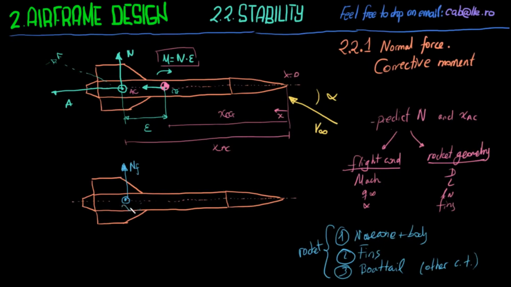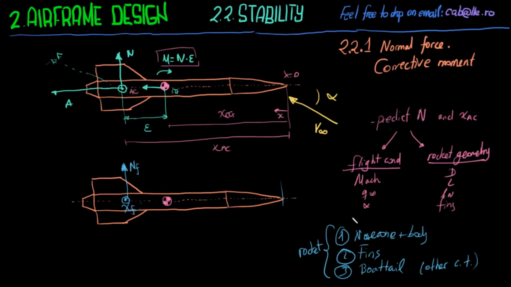You can see now, this is XF, which is the position of the aerodynamic center of the fins from the nose tip to here, and then we always add the center of gravity. Center of gravity is at the same place, of course. We don't take the center of gravity of the fins or the boat tail or the body. We just use the general rocket. So this is the same.